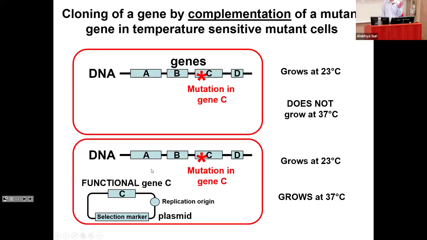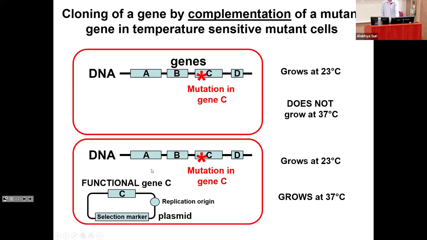So this is a temperature sensitive mutant. And we have identified, for example, one location in the genome that has a mutation. And so we don't know yet the identity of this gene. So we would introduce a functional gene that can complement the defect.